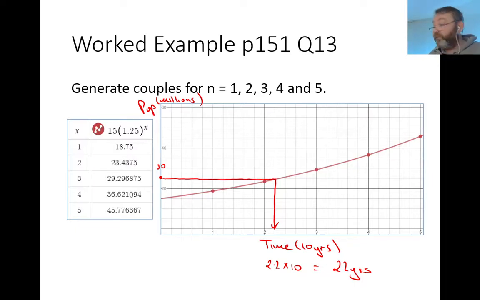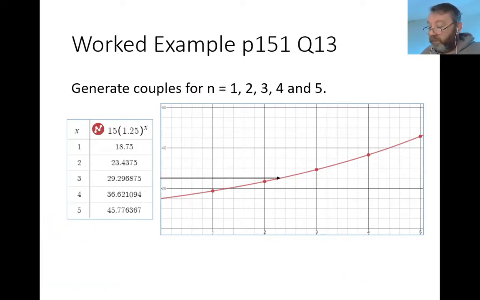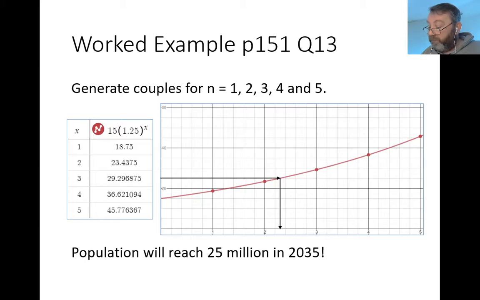They are not that difficult. They are quite easy to do. You just need practice and plenty of it. I have those lines drawn on the graph there. You find your 25, and over you go, drop down, and you get your 2.2. Now I said 22, but again, that's accuracy for you. So the population will reach 25 million in, as we said here, 2035. You can actually see what it is.